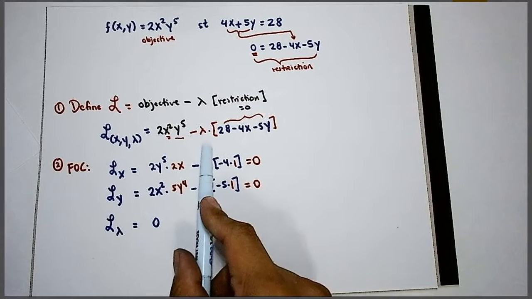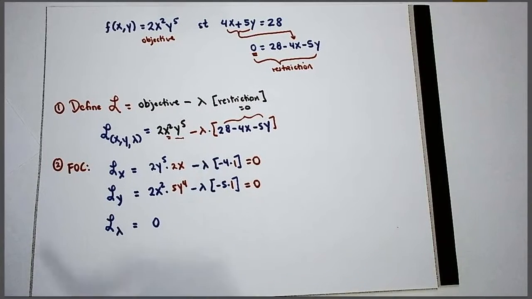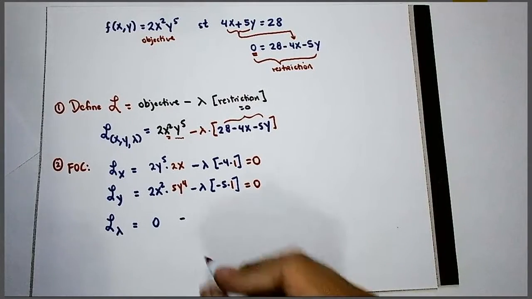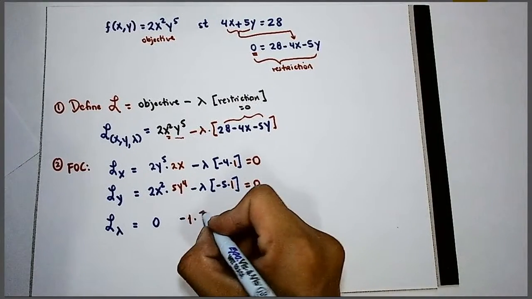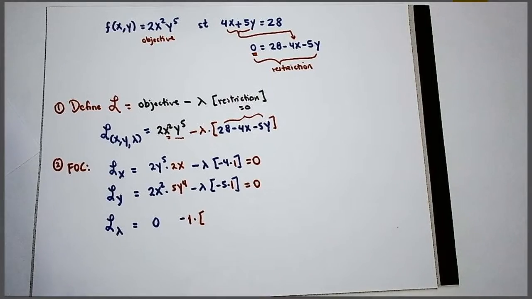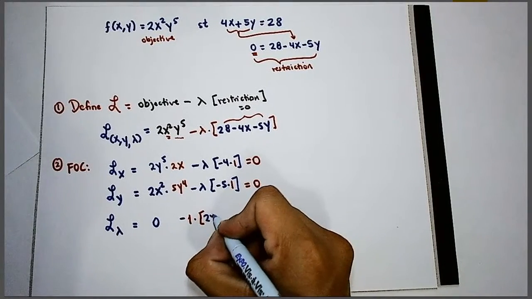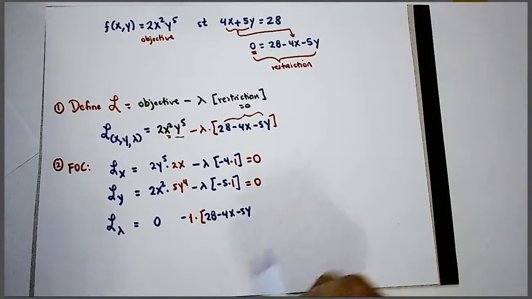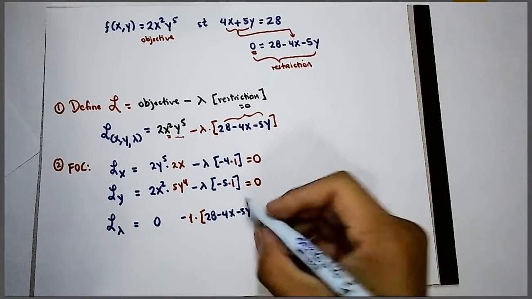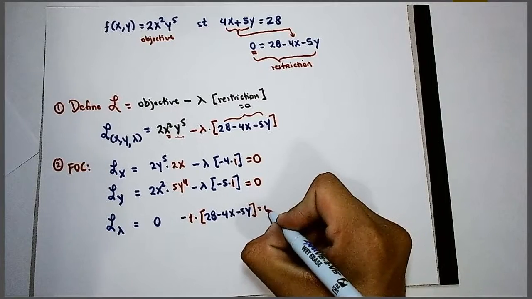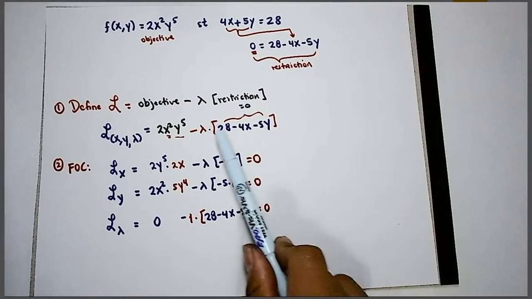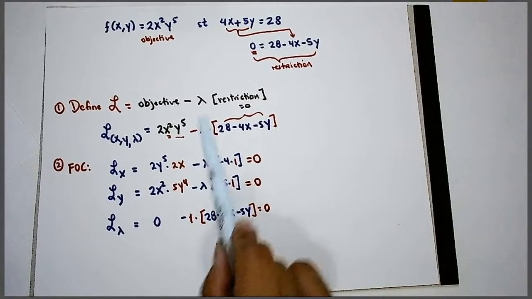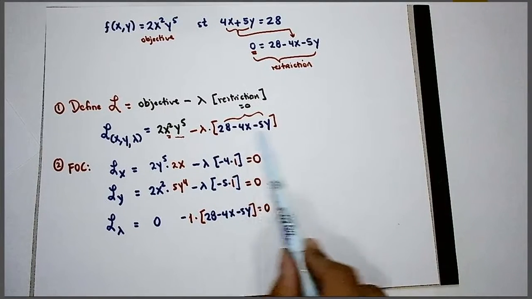So the derivative of lambda with respect to lambda is 1 times everything that it was multiplying. So this is 28 minus 4x minus 5y. The only reason why we can do that is because if you try to use a product rule, the only place that we can actually use it is on the left, because on the right there is no lambda.